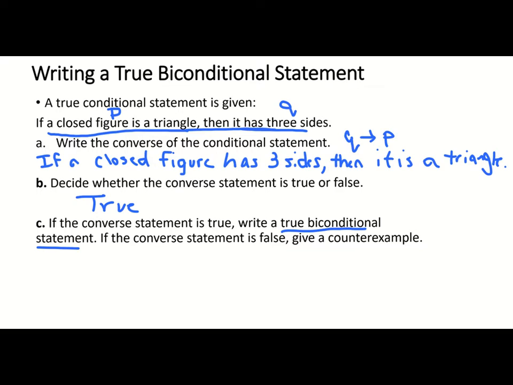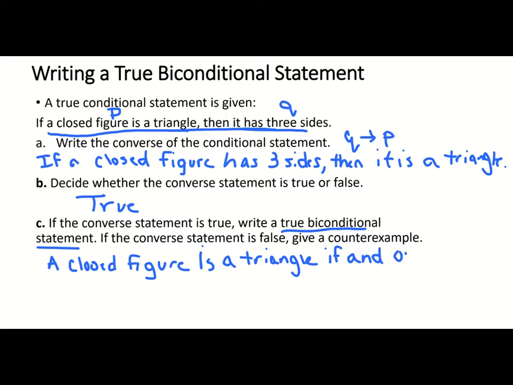So we would say: a closed figure is a triangle if and only if it has three sides. And that would be our biconditional statement.